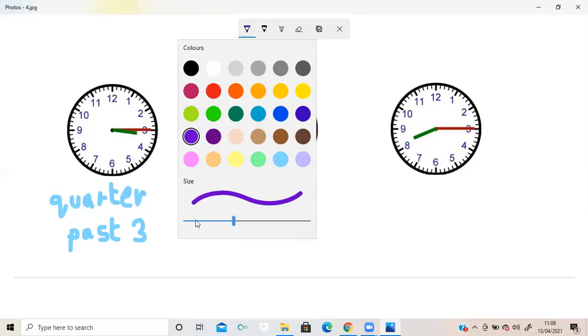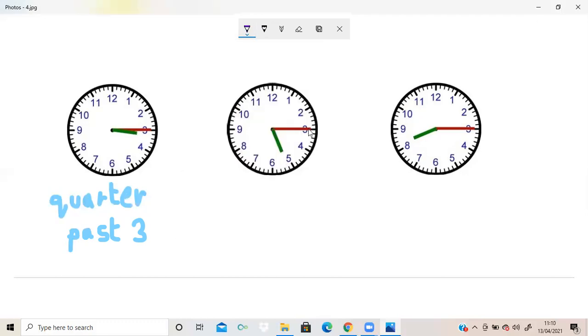In the next clock face, we can see the minute hand pointing at 3 and the hour hand after 5. So that means it is quarter past 5.